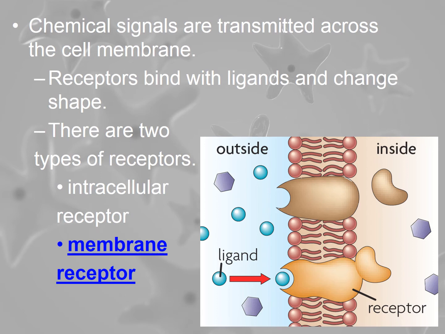This is where the protein or receptor is embedded in the membrane itself, and it receives that ligand or message from outside. As soon as it binds with that ligand, it can release a message to the inside of the cell. Just so you know how these receptors work, there are a couple different ways, and these are two of them.